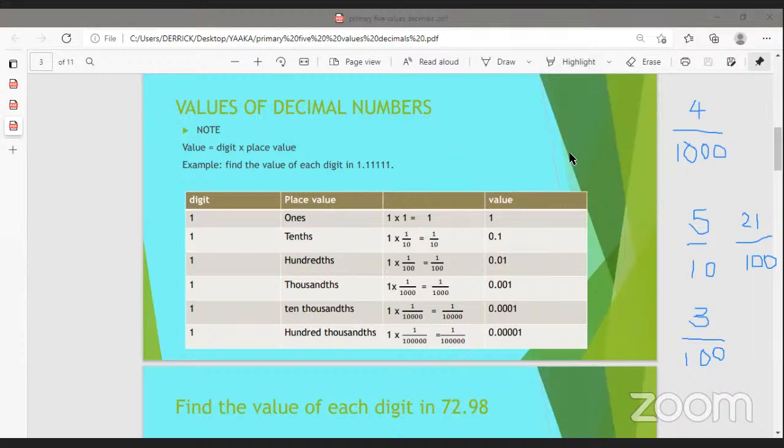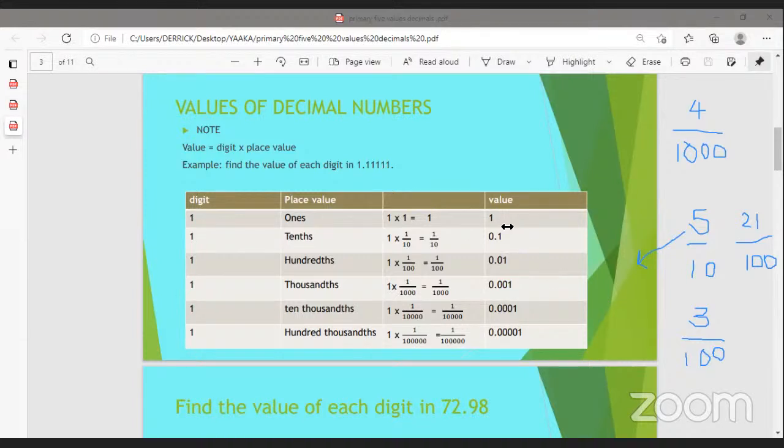Lynette, 5 out of 10, what do we get? You change it to a decimal number. I'm not yet finished. You have not yet finished? Okay.